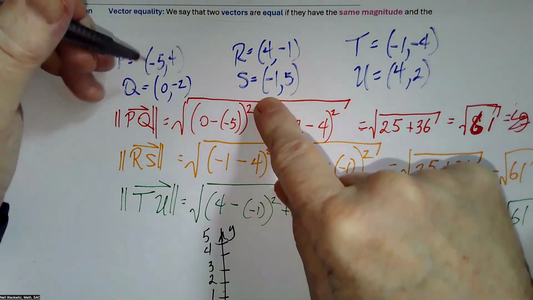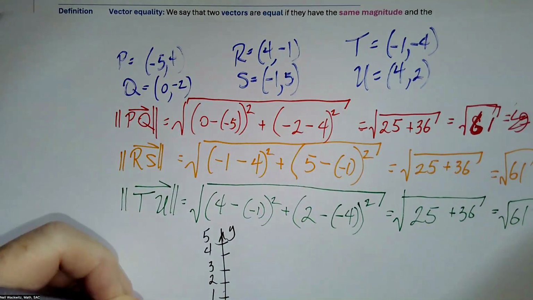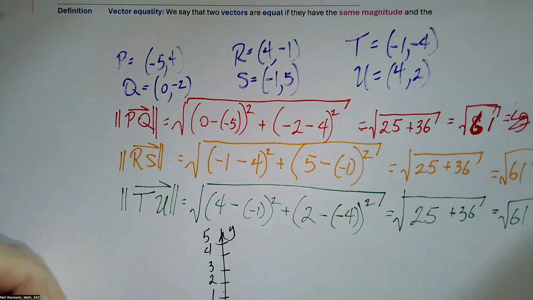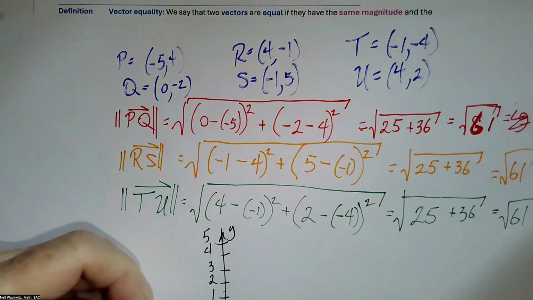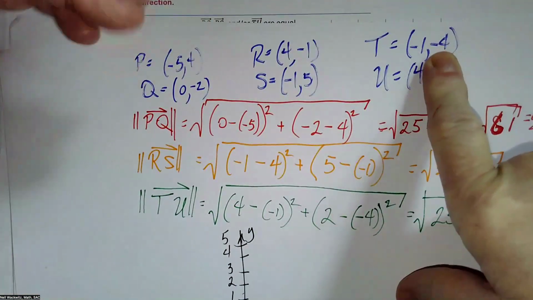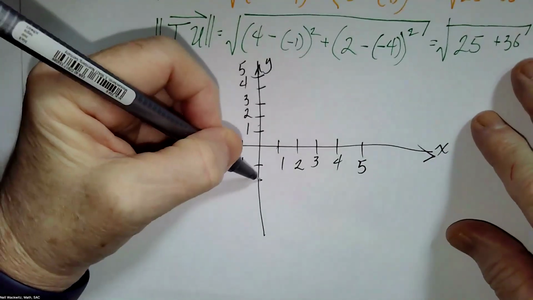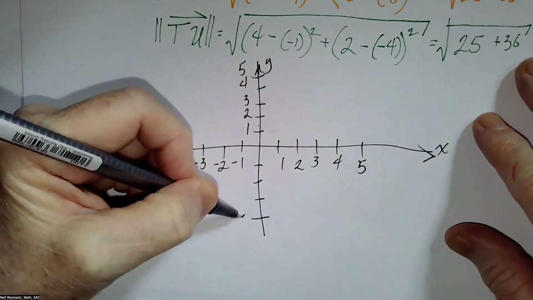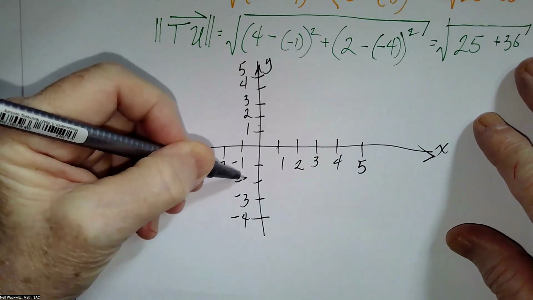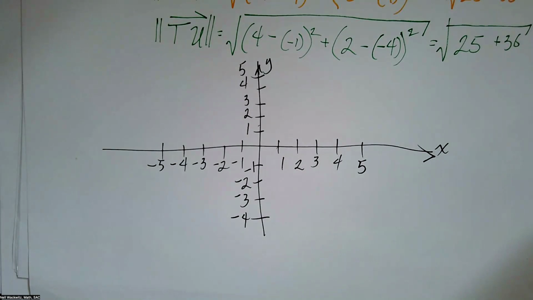In the negative x direction, we go to -5. And in the negative y direction, we go down to -4. Okay, groovy.